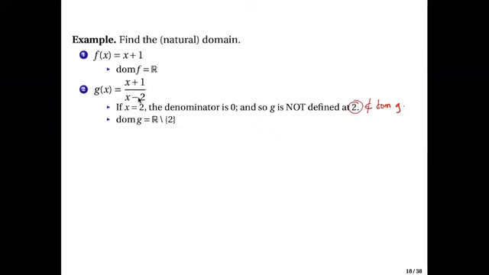It's a real number. If you get x equals negative 1, your denominator will be negative 1 minus 2, that's negative 3. It's totally fine. Your numerator is negative 1 plus 1, that's 0. So 0 over negative 3 is just 0.